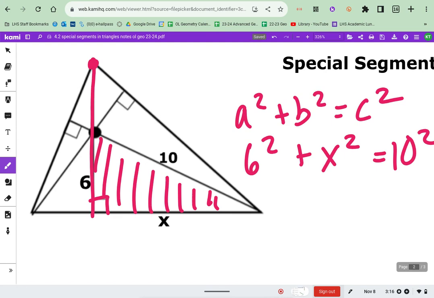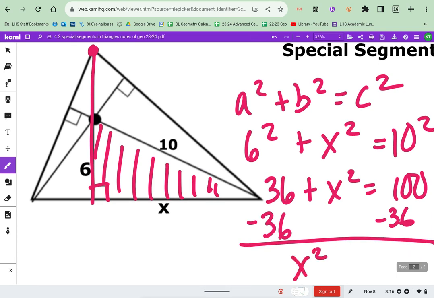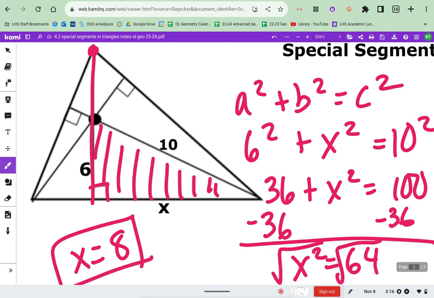We square first before we subtract, so 36 plus x squared equals 100. Subtract 36 from both sides. x squared equals 64. Square root both sides, and x is 8.